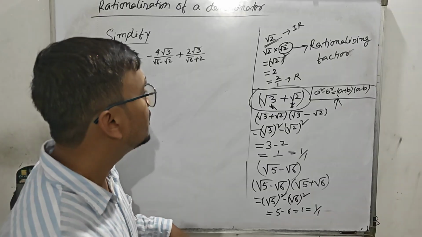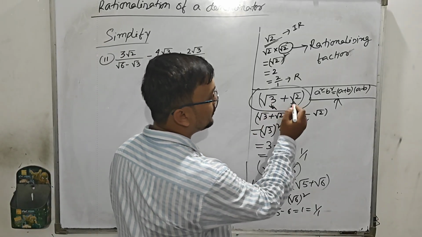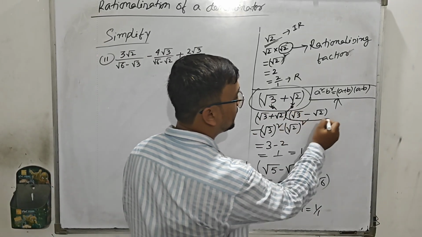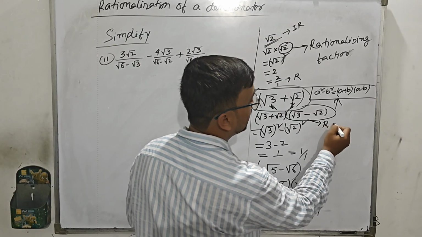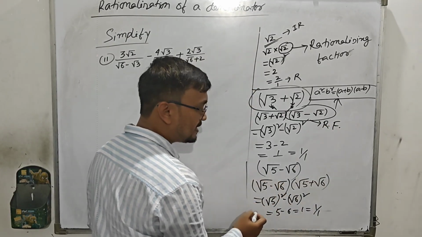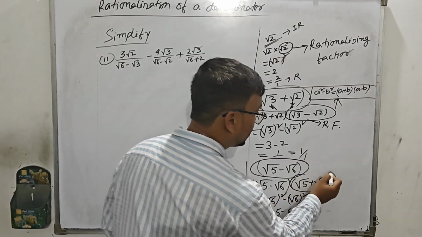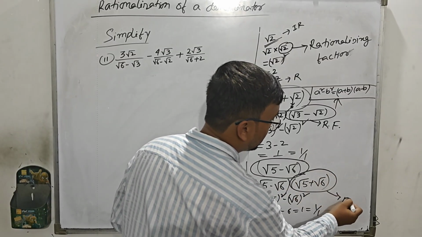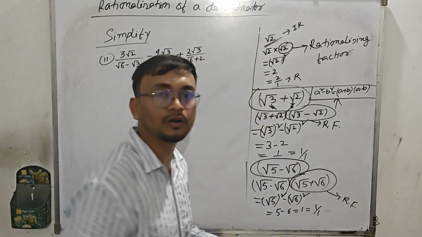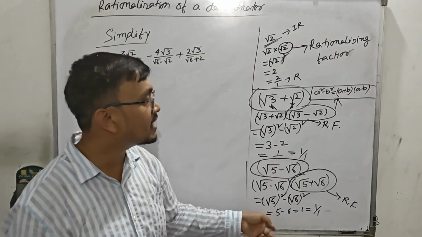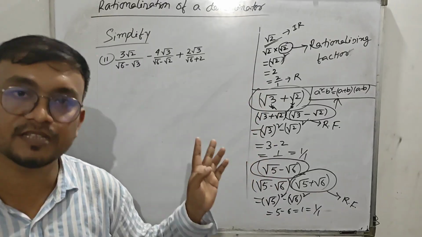So this time this irrational number becomes rational because of this term. So it is our rationalizing factor. Repeatedly watch this and try to understand what I have explained just now.